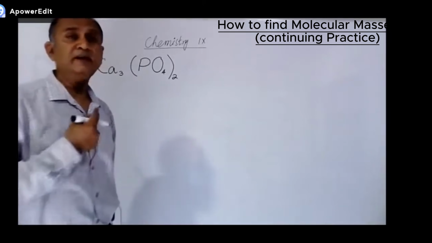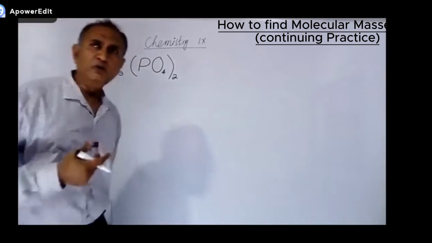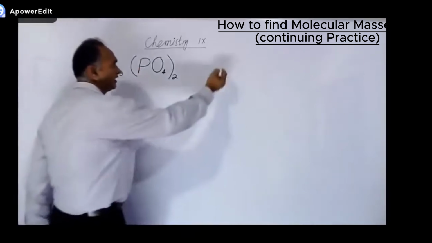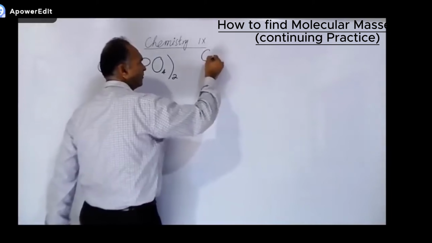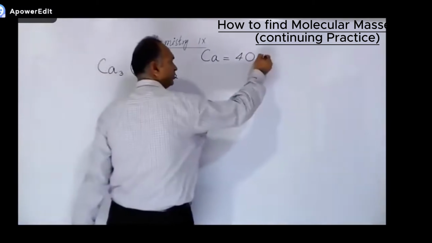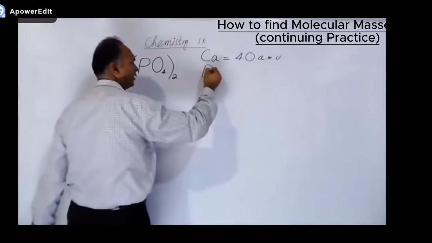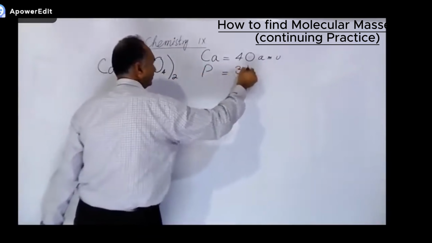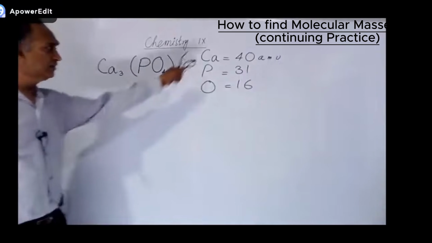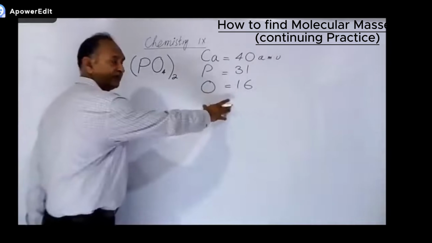What is the difference? Here you can see a bracket. First of all, we should know these atomic masses. So writing here, the atomic mass of calcium is 40. It will be given to you, 40 AMU. What is the atomic mass of phosphorus? 31. Oxygen 16. So these masses will be given to you. All right. So we'll use this.